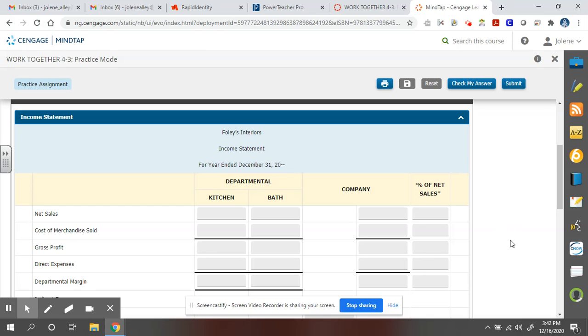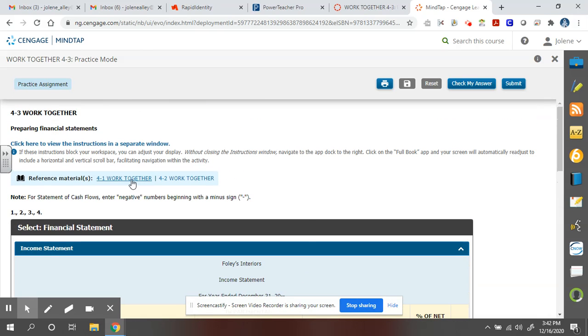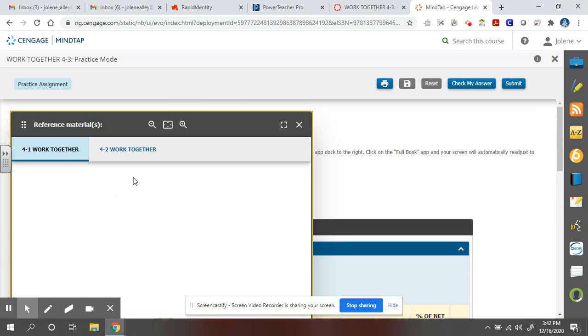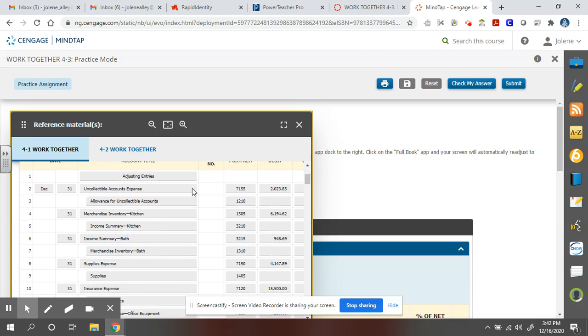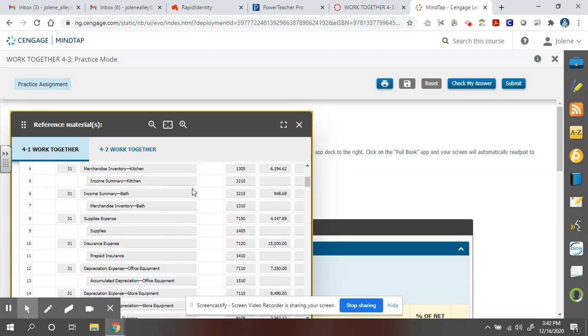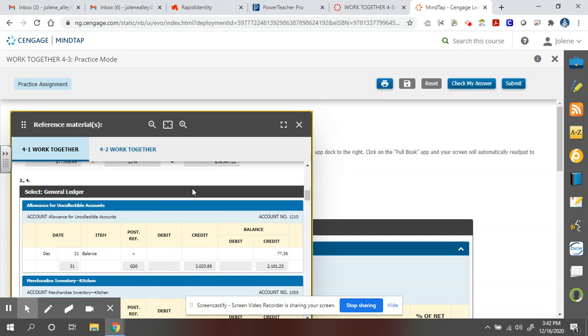Now to do this, and this is what makes Accounting 2 and not Accounting 1, you did income statements in Accounting 1, but you didn't do them with different departments. And so now we have different departments. So we've got to go up here, and I can't remember if it's 4-1 or 4-2 that gives us the dollar amounts that we need for this.